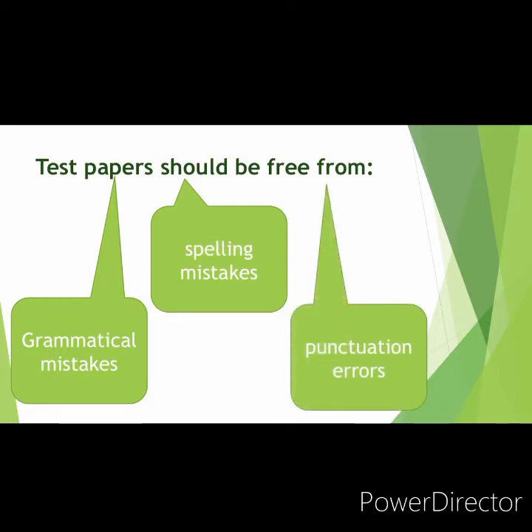So the following are some reminding points to design an accurate test paper. The first point to pay attention to is that test papers should be free from spelling, grammatical and punctuation mistakes, because these inaccuracies confuse the testees a lot and badly affect the test paper, misleading the students far away from the correct answer.